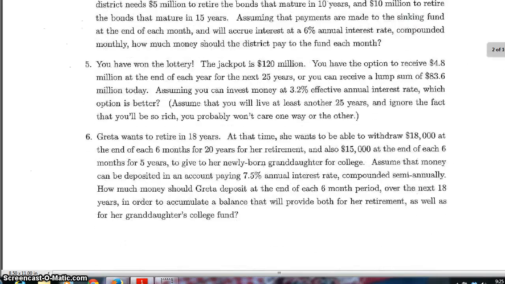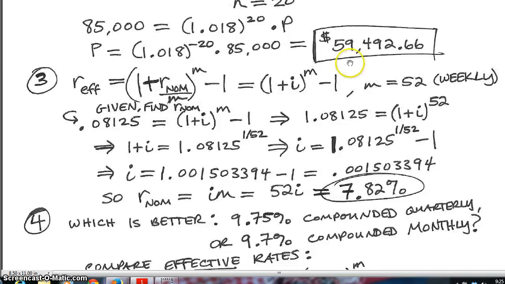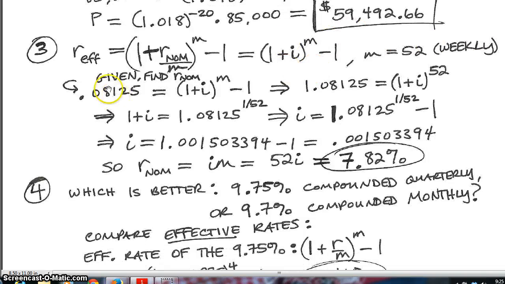So let's just review what that is. The original formula that I'd given before was the effective rate is (1 plus I) to the M minus 1.